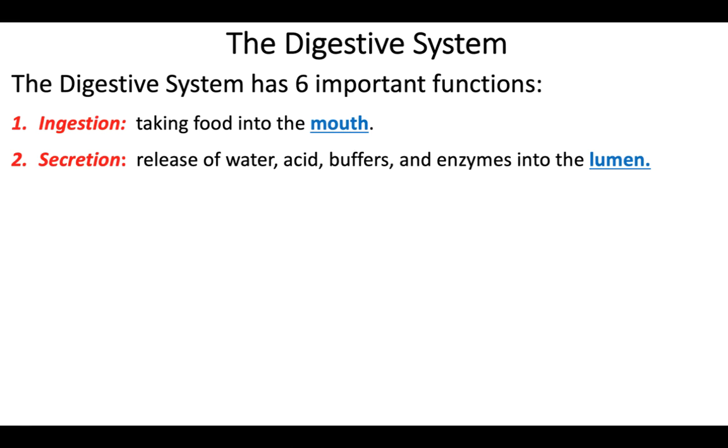So obviously food has to enter, but we also secrete water, acid, if we're looking at the stomach. We might secrete in a buffer, and then obviously we need enzymes. So those all enter the GI tract into the lumen. So the lumen is basically the space where food needs to be, as well as anything else that gets secreted.